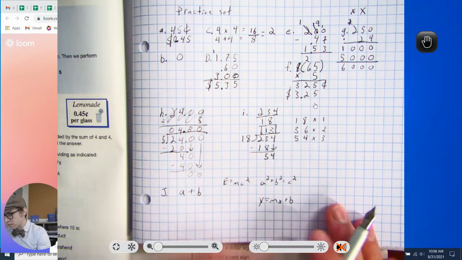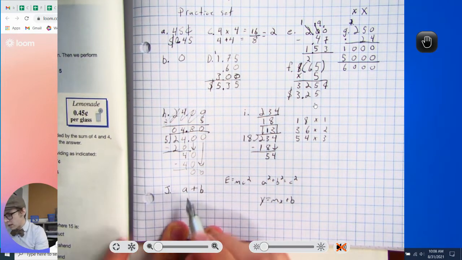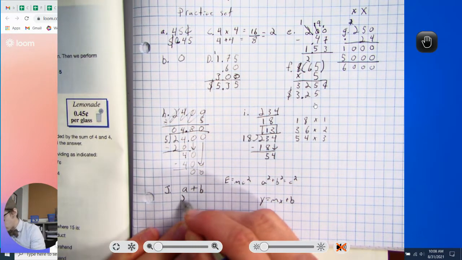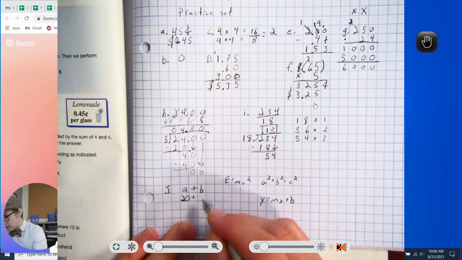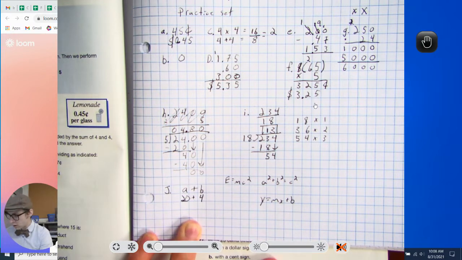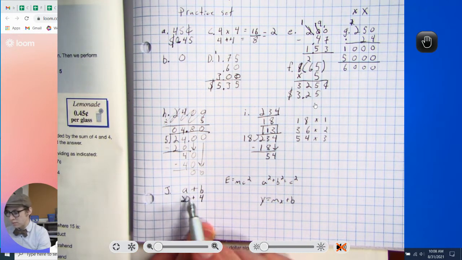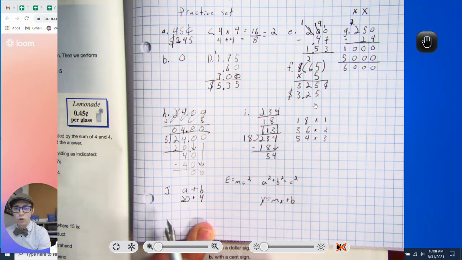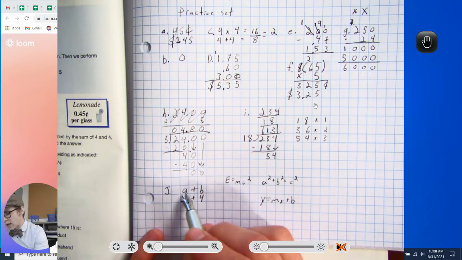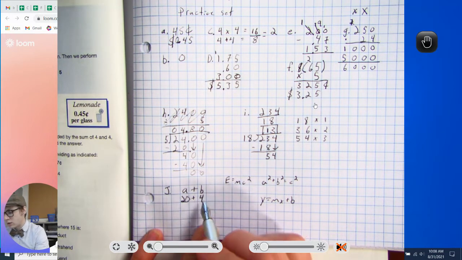Right now, it's just a plus b, and we are told that a equals 20 and b equals 4. So all we do when we see this, a plus b, is we're told what they mean, and so we just plug it in. Anytime you see a, you turn it to 20. Anytime you see b, you turn it to 4.